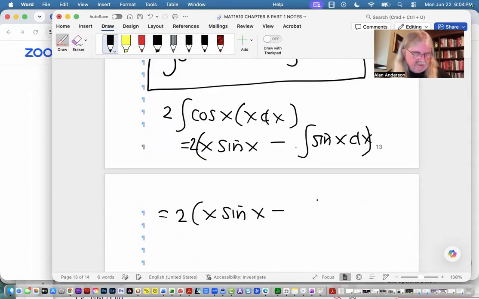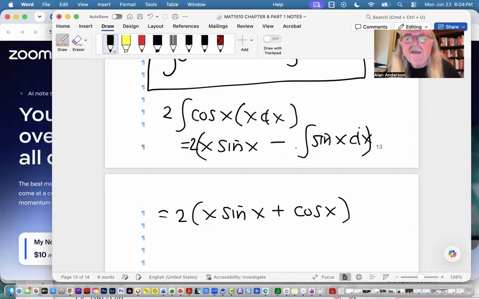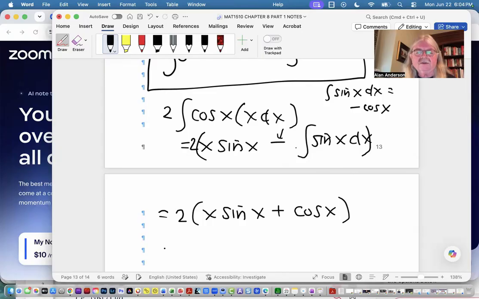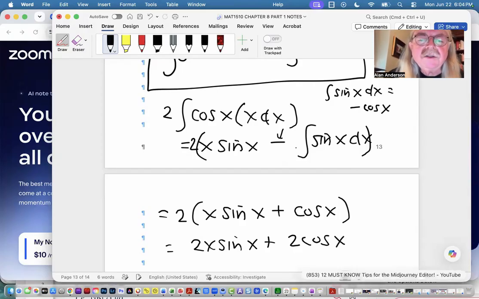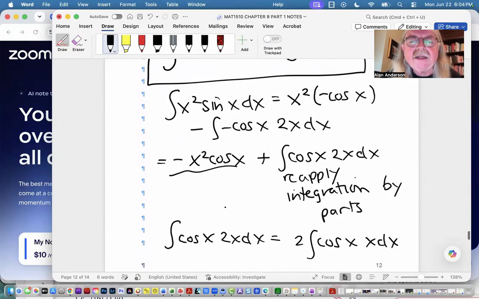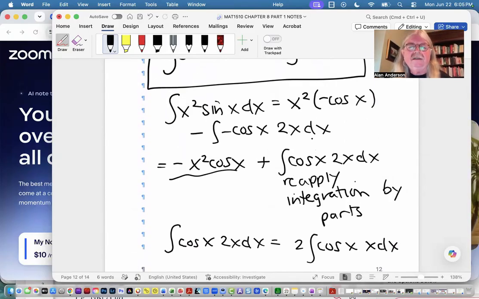Okay. And then when you integrate, now, of course, the integral of sine x is the negative cosine x, but we have this other negative here. So we end up with positive cosine x. Now, keep in mind, this is just the second integral. If you remember when we had to reapply, this is what we actually had.